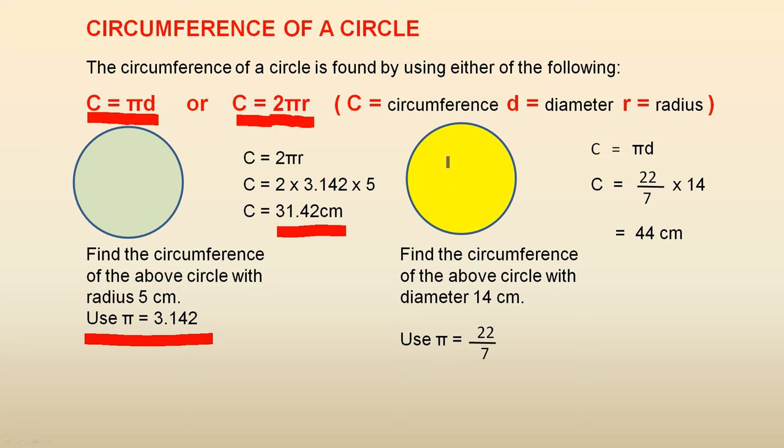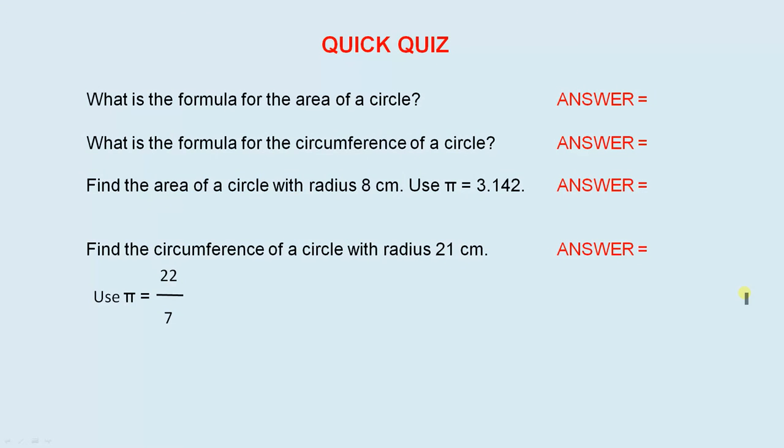Another example, looking at the yellow circle, find the circumference of the above circle with diameter 14 centimetres and use pi equals 22 over 7. So C equals pi d, C equals 22 over 7 times 14, because that's the diameter we're given. When you simplify this, the answer is 44 centimetres.